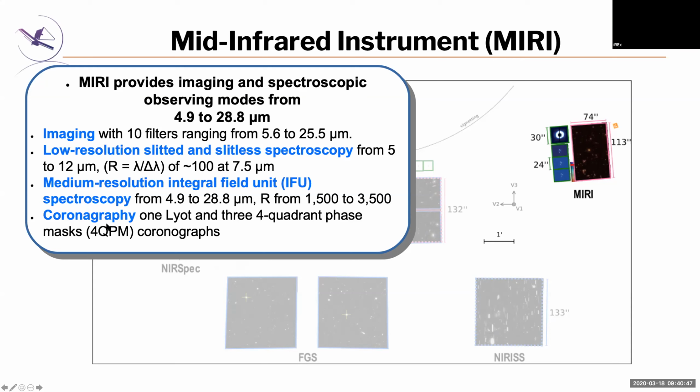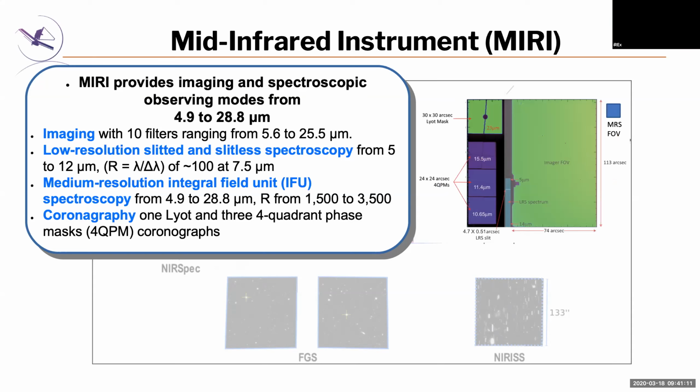And there's also a coronagraphy mode with MIRI. It has 4 different coronagraphs, and we will not go into any details about that today, but there's plenty of information available. All right, so that's for MIRI.